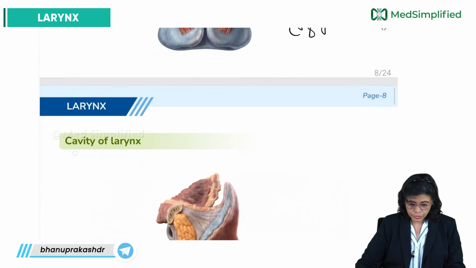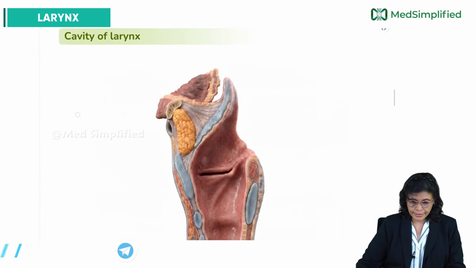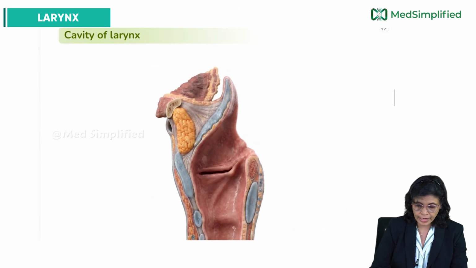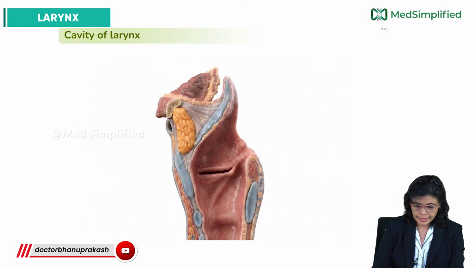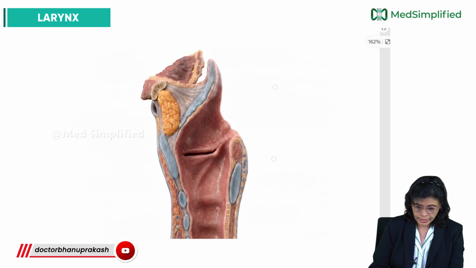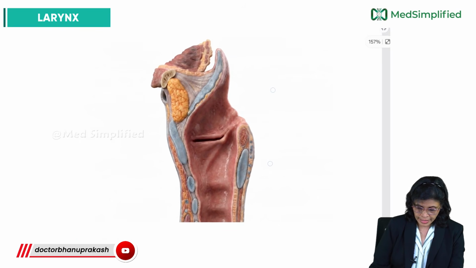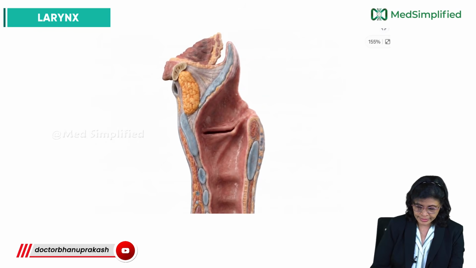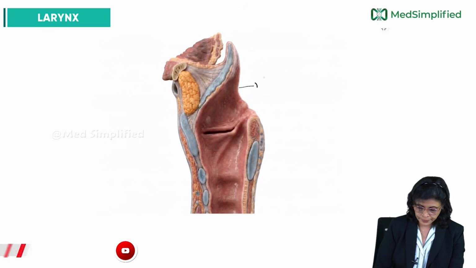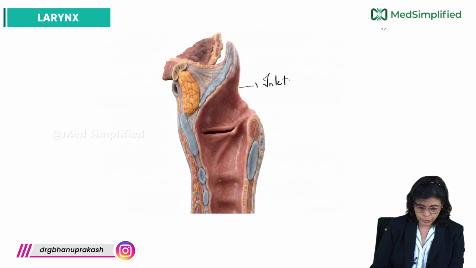So next we move on to the cavity of the larynx. What are the features we see inside the cavity of the larynx? Here, it extends from the inlet up to its lower border.